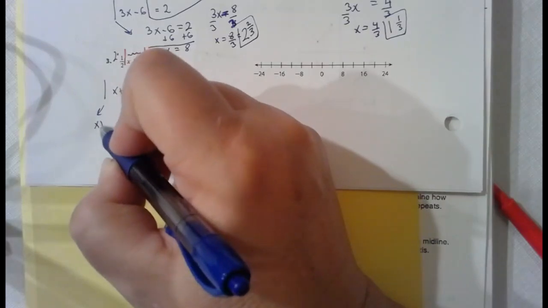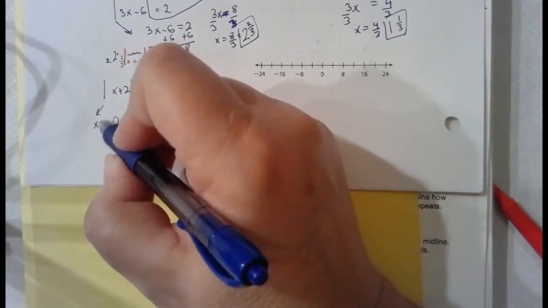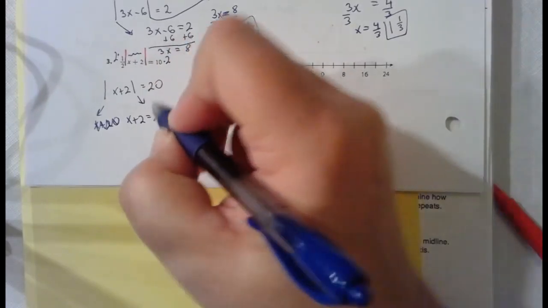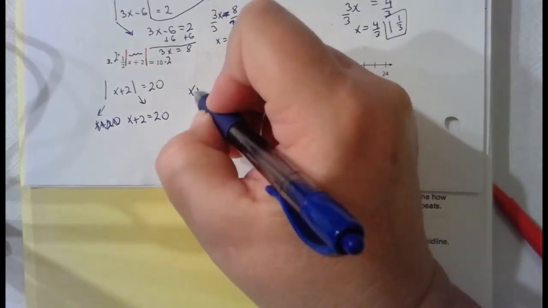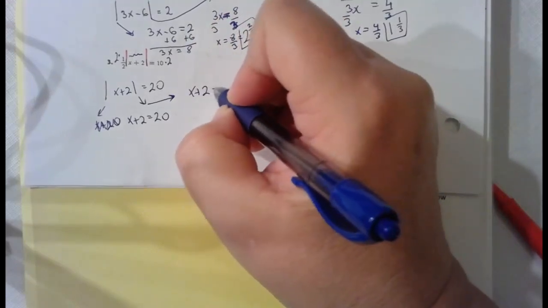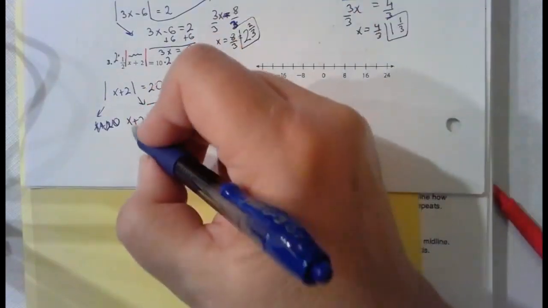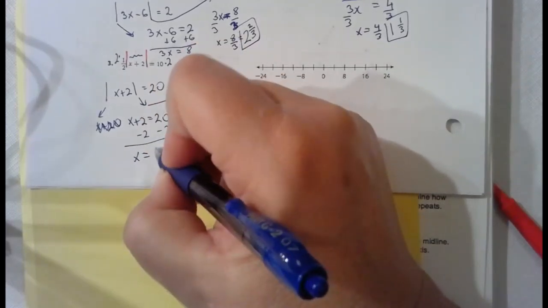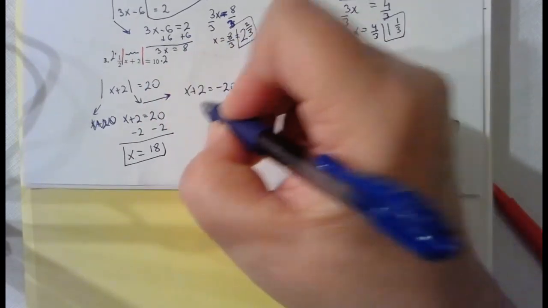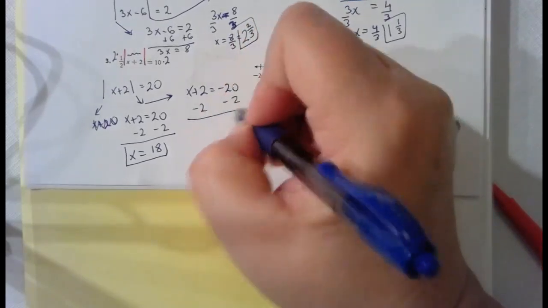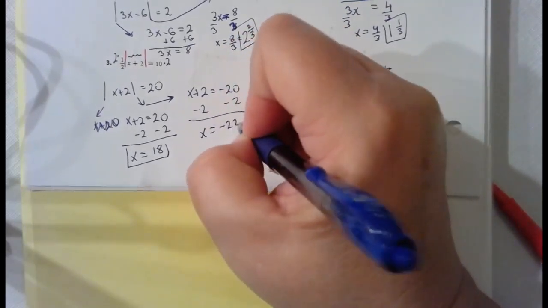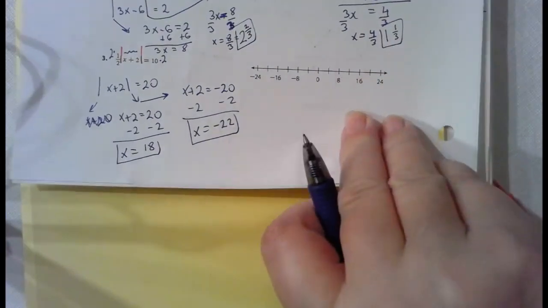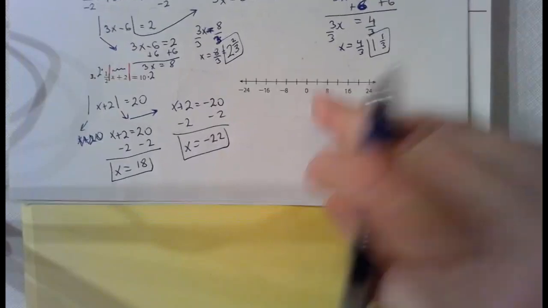So x plus 2 is 20. Oh my goodness, what am I doing? x plus 2 equals 20. And the second equation is x plus 2 equals -20. So subtract 2 on both sides, x equals 18. And x equals -22. So -22, my numbers go by 4.